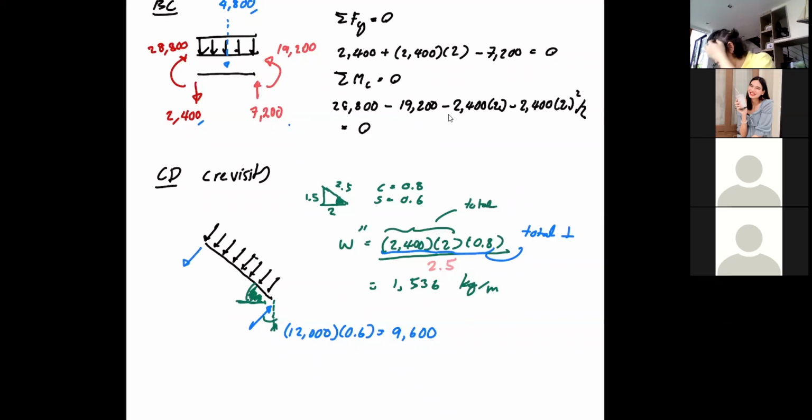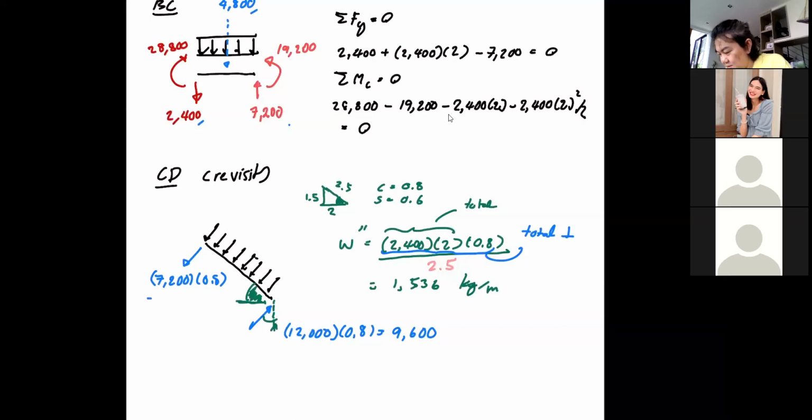That's going to be equal to 7,200 multiplied by, oh, sorry, this is 0.8, right? Yeah, okay. That's better. 0.8, and that's 0.8, okay.